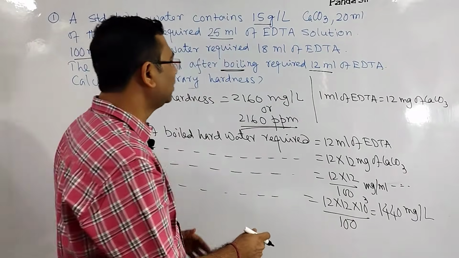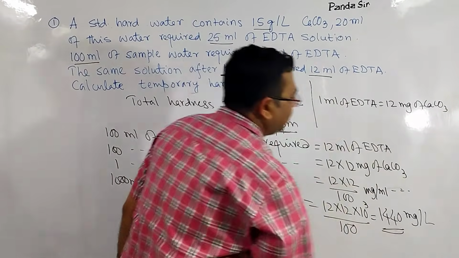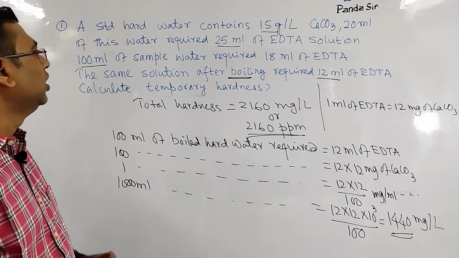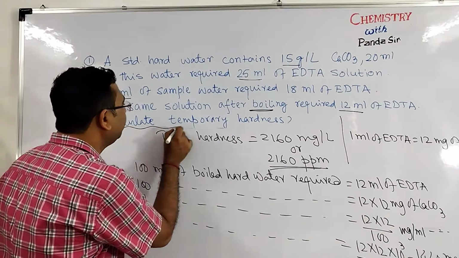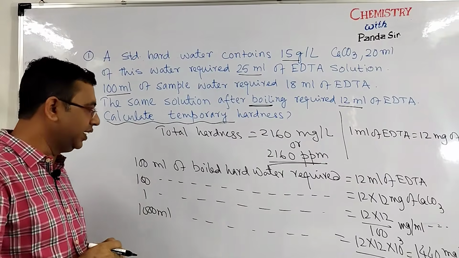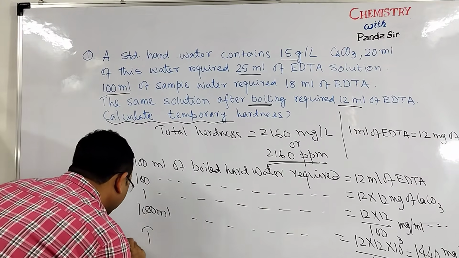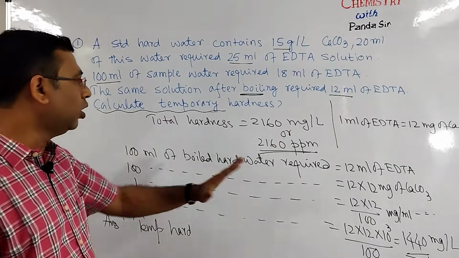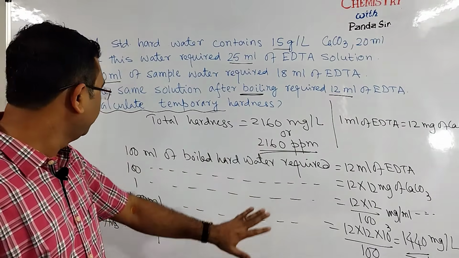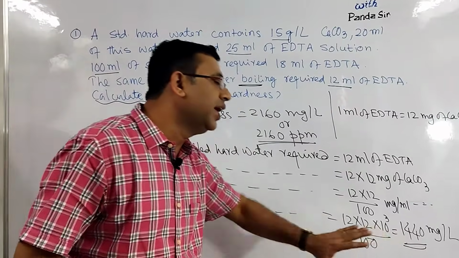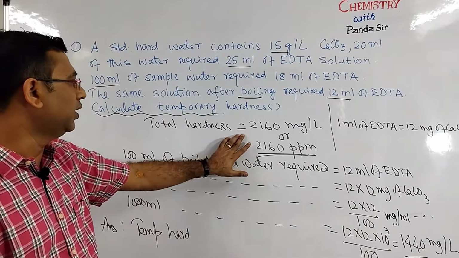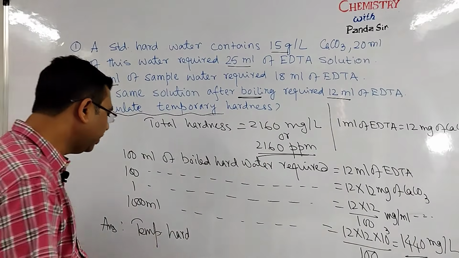Now you can see how I got the permanent hardness. But they have asked in the numerical for the temporary hardness. Now that we got the total hardness and the permanent hardness, if I subtract the permanent hardness from the total hardness, we will get the temporary hardness.